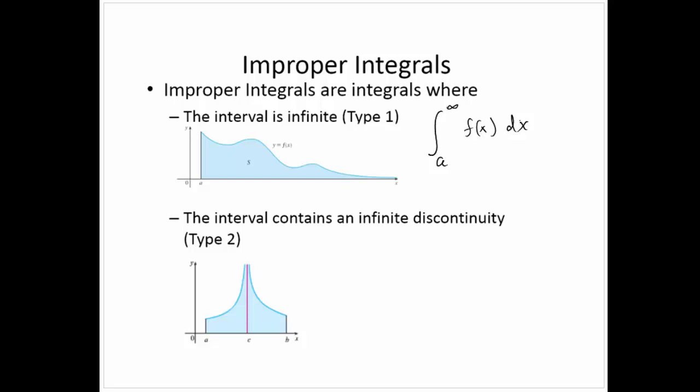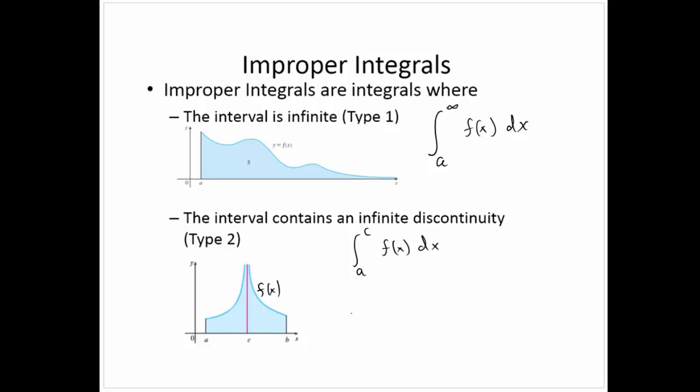And our second type is where the interval contains an infinite discontinuity. So if, again, I were to call this function f of x, and I were to consider, say, the integral from a to c of f of x dx, that would be an improper integral because there's an infinite discontinuity at c.